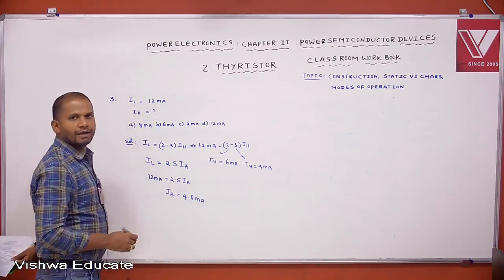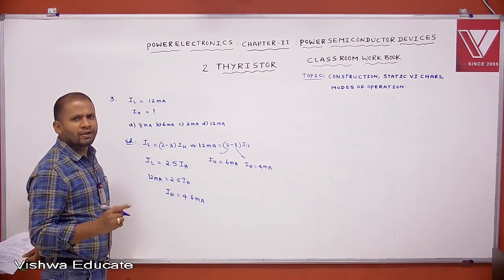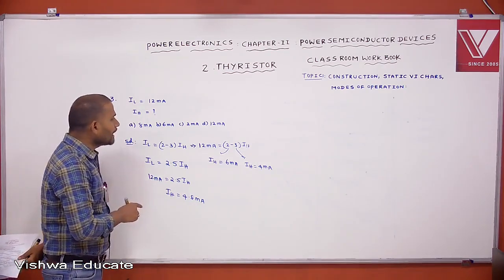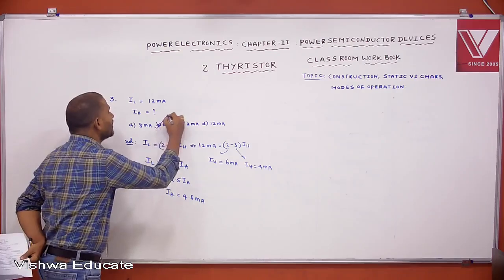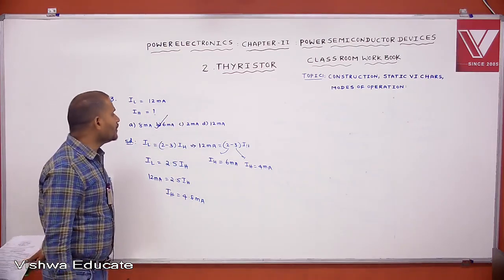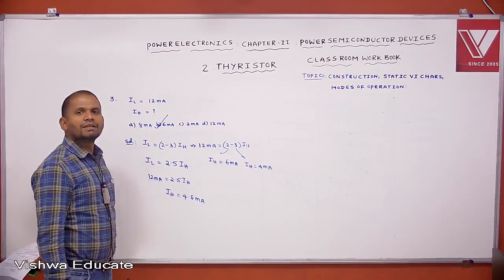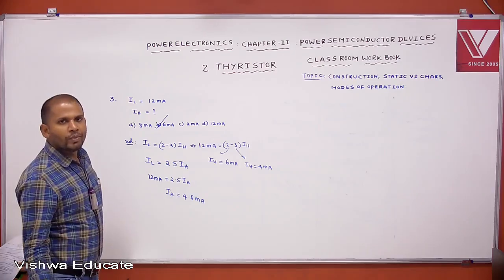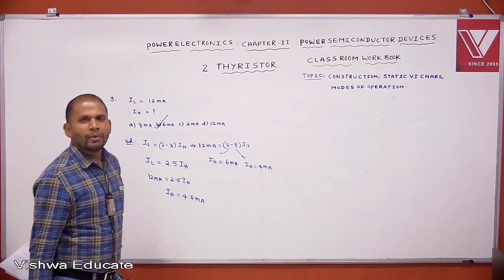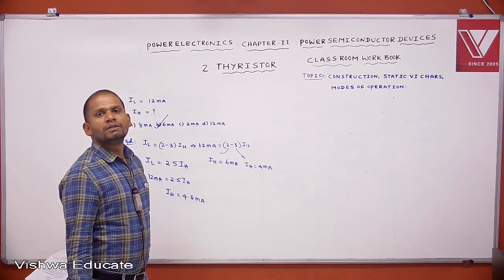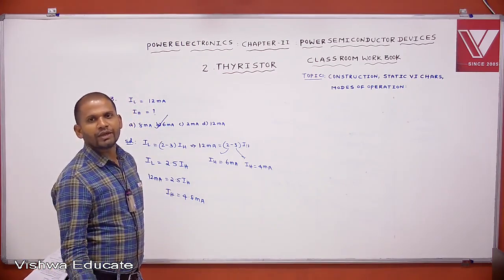Any answer we can get, but only one answer will be given in the options. So the holding current is equal to 6 milliamperes. The answer is framed according to 2 times, latching current equal to 2 times the holding current. We may expect 3 times or 2.5 times, and according to that we can select the answer.